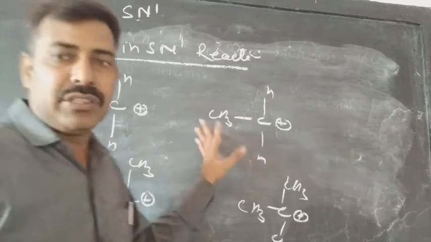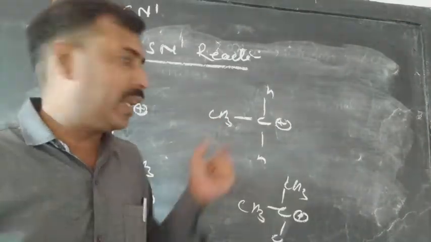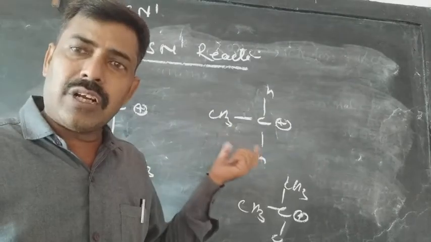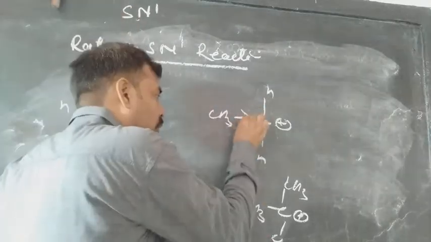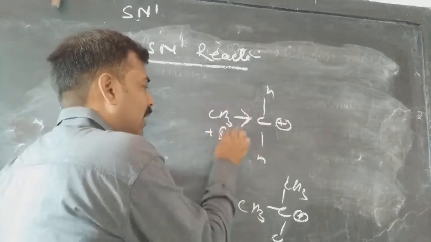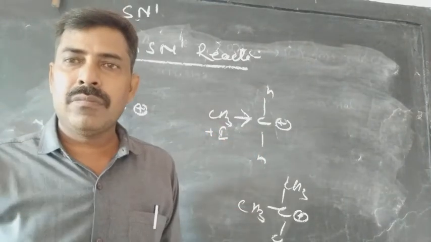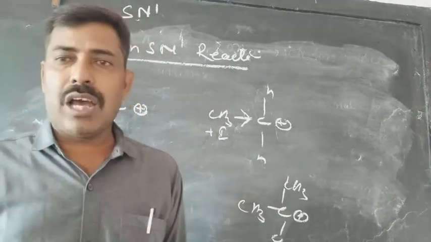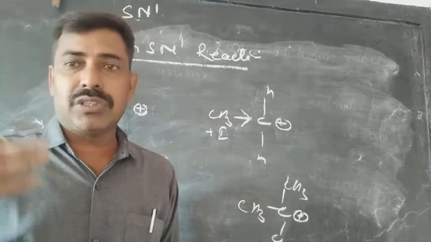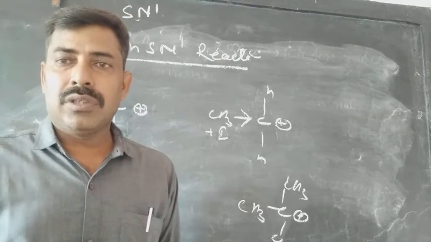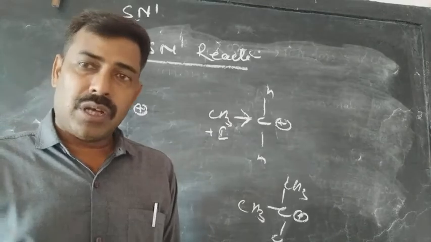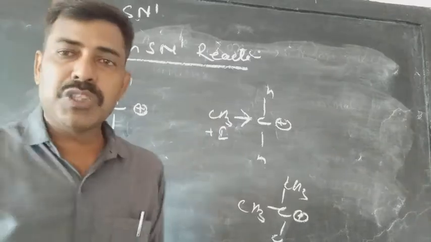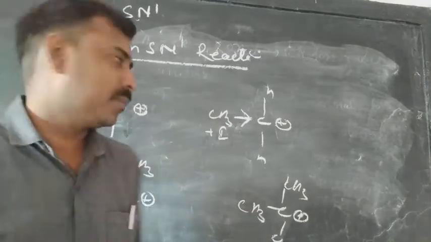But when you see the primary system, there is an alkyl group along with two hydrogens, and this alkyl group is a well-known electron donating species, that is, it generates a plus I effect. Having the plus I effect, the electron donating effect, the charge density on the carbon will decrease, and with the decreased charge density, the carbocation will become more stable. So this carbocation is much more stable than the previous one.